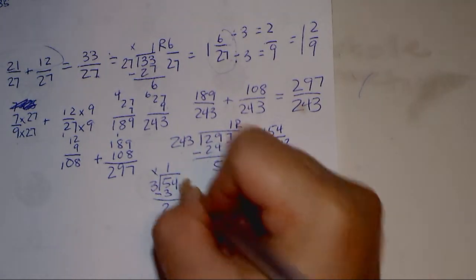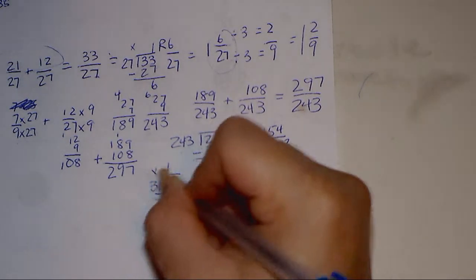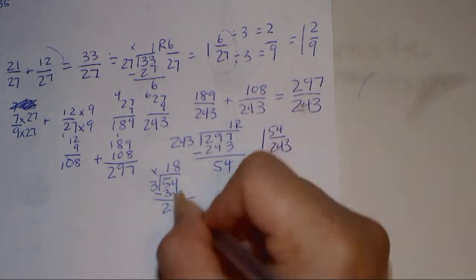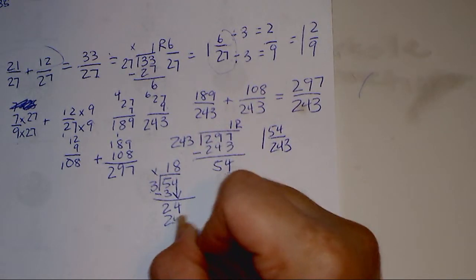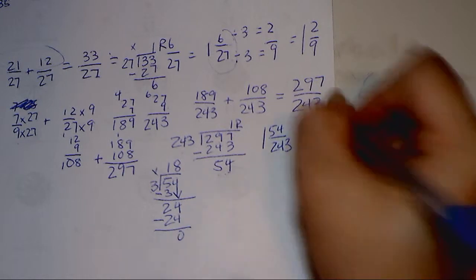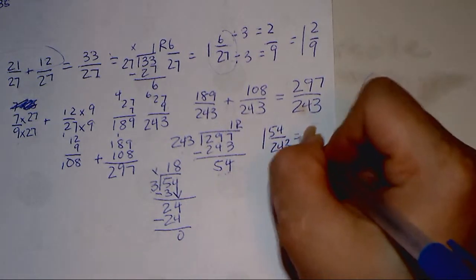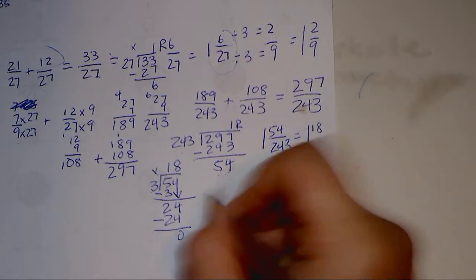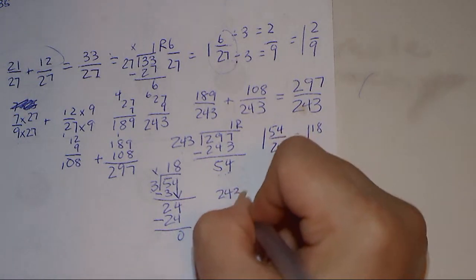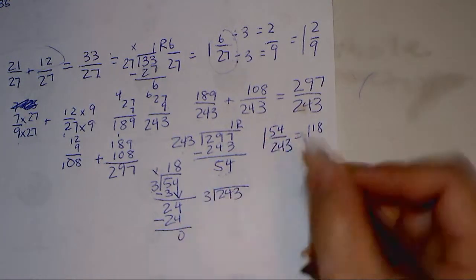Subtract, bring down the 4. Divide is 8. 8 times 3 is 24. Subtract, no remainder. So, equals 18 over, let's do 243 divided by 3.